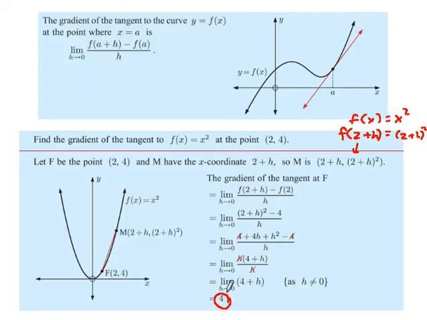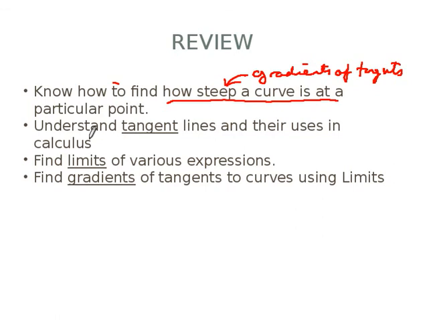In this case, the gradient was 4, so the slope of this line is 4, and that 4 tells me how steep it is. Basically, the larger my slope is, the steeper it is. So hopefully you understand what tangent lines are and how they're used in calculus. They are used to find how steep a curve is.